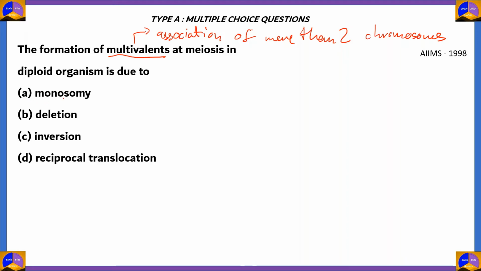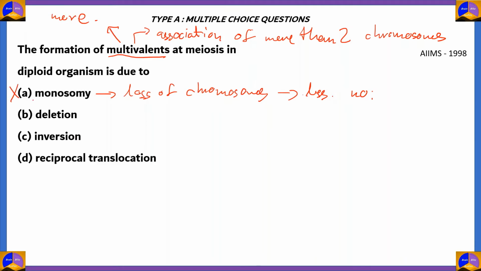Option A, monosomy. What is monosomy? It is the loss of chromosomes. So that leads to lesser number, while multivalence ensure that there are more chromosomes. So option A is incorrect. What about option B, deletion? This is pretty obvious. It is when genes or codons are deleted.